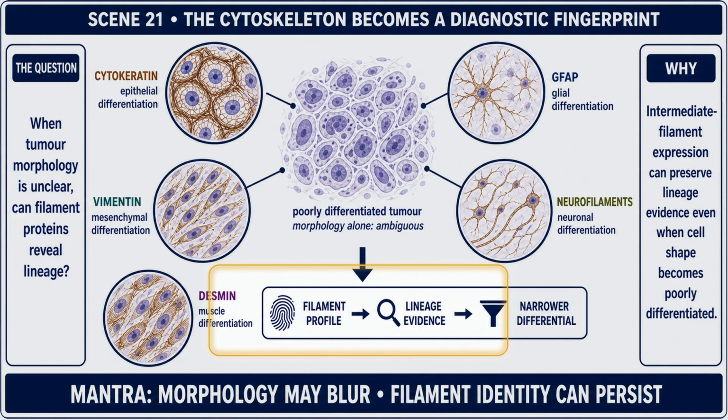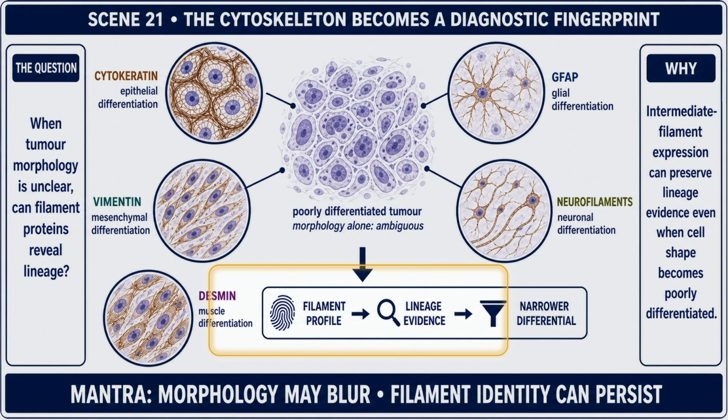That is why the central morphology remains ambiguous, while the surrounding stain patterns add direction. The pathologist is not asking which color names the tumor. The question is which combination of morphology and filament expression best fits a plausible lineage.